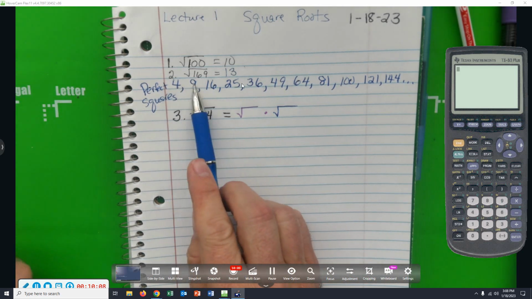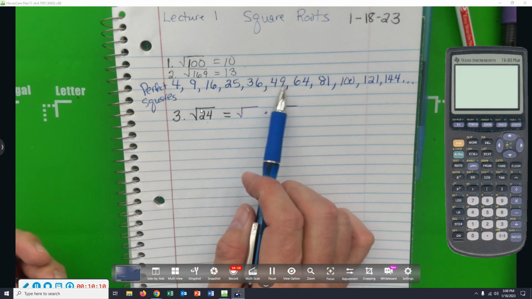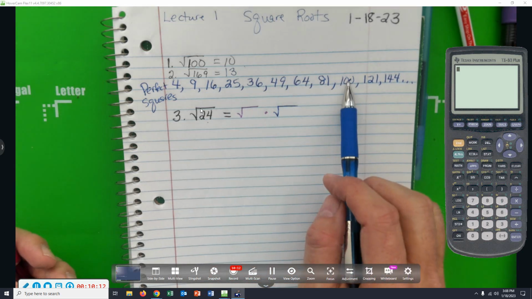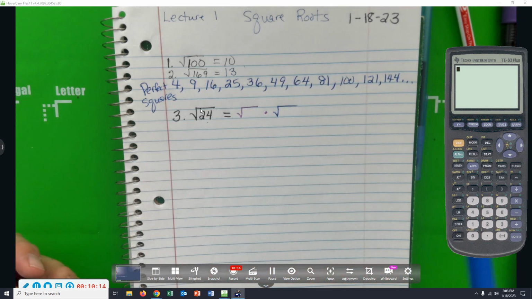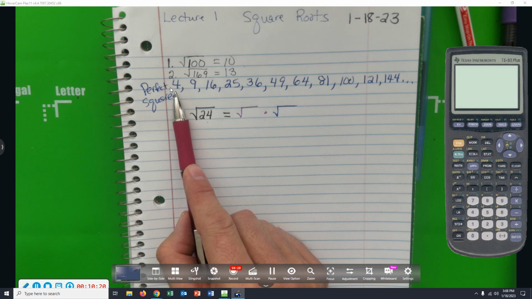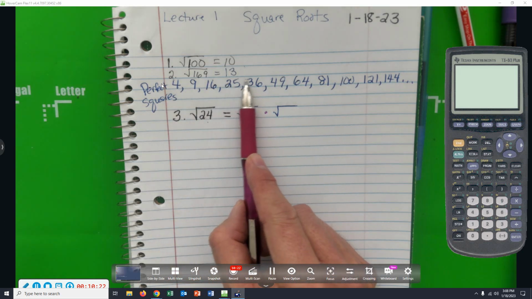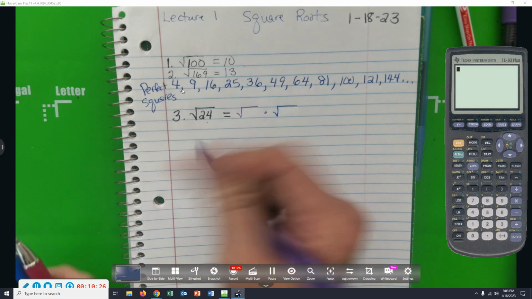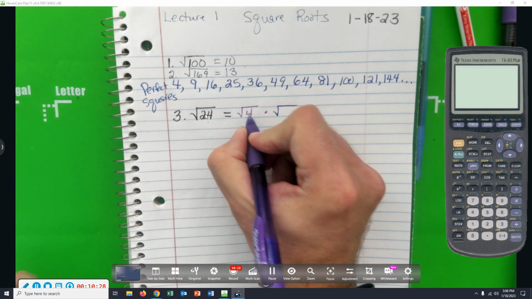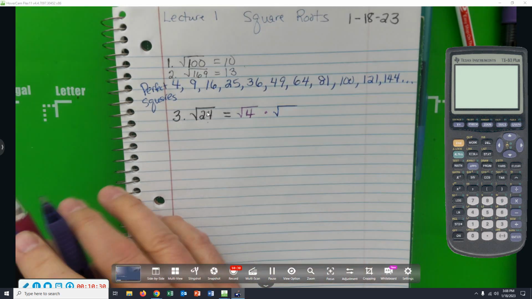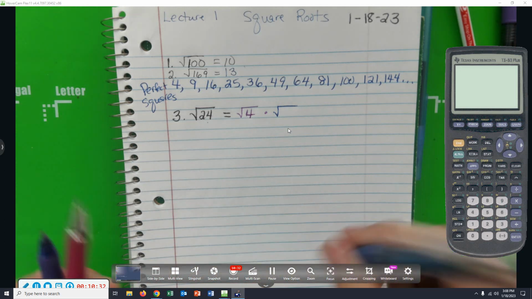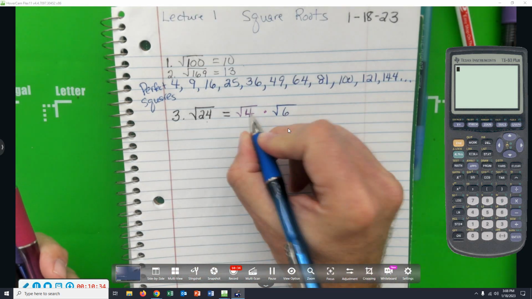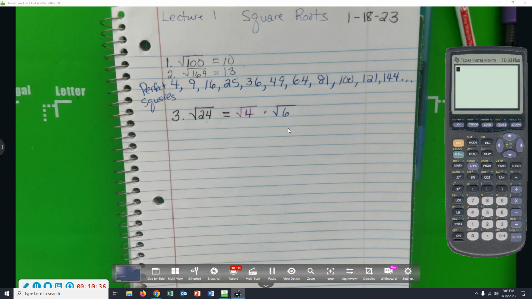The biggest number up here that divides evenly. Remember, dividing evenly means that there's a remainder of what? 0. If it divides evenly into a number, then the remainder is 0. Really, there's only one number up here that divides evenly into 24. What is it? 4. See, this is what I mean about, you've got to know those multiplication tables. 4 times 6 is 24.